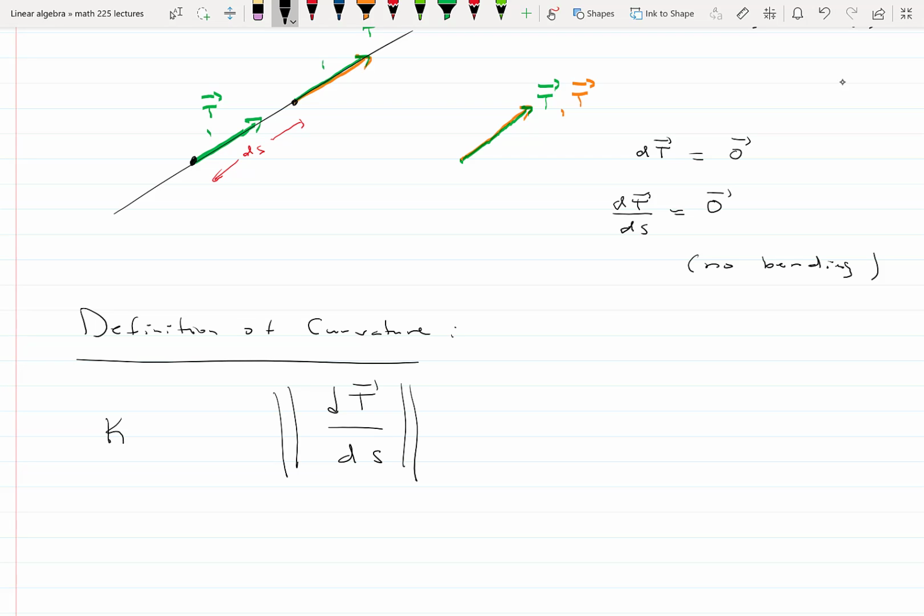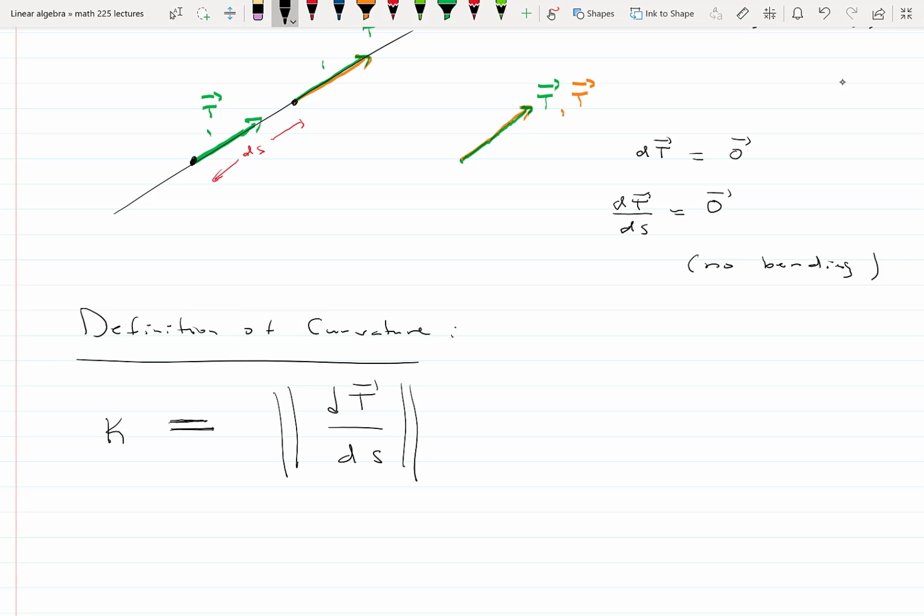In fact, I think the Greek letter kappa morphed into our k. If you call it k, nobody's going to scream at you. The Greek letter kappa is reserved, in our textbook, for curvature. So the curvature is kappa equals the magnitude of dT/ds.